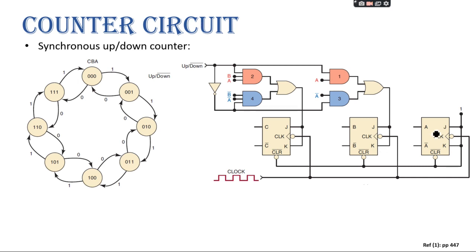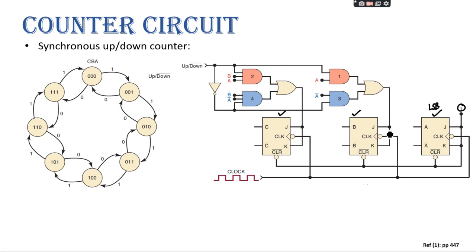Likewise, it's a 3-bit counter, so there will be 3 flip-flops, A, B and C. For both up and down counters, the least significant bit's input will always be connected to 1, right? So we don't need to think about that. But we have to be concerned about the rest of the flip-flops, right?